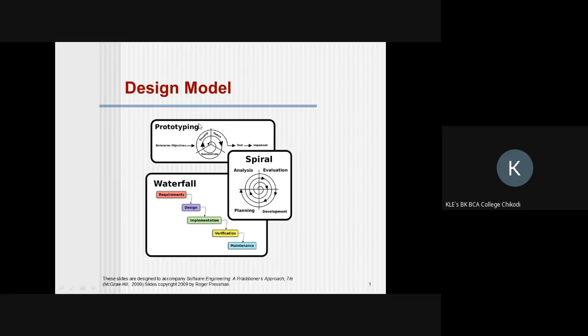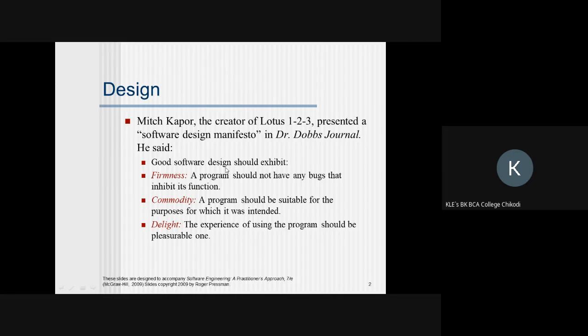In software engineering, in our computer science field also, we have models. Initially we develop algorithms, and then those can be converted into flowcharts, DFD diagrams, use case diagrams. All these are then extended to UML diagrams, class diagrams. These all become part of the design model. Design is a manifesto work.